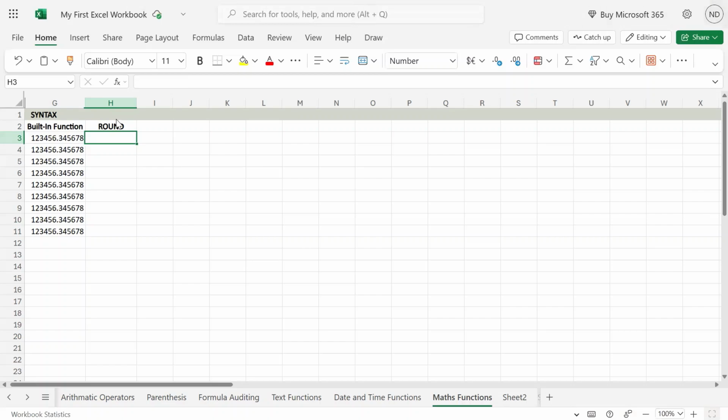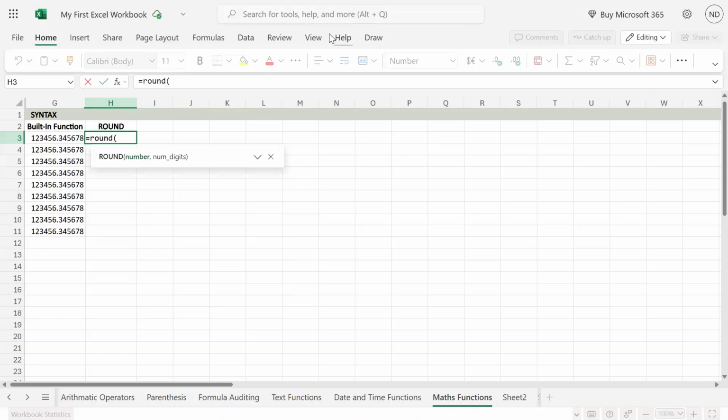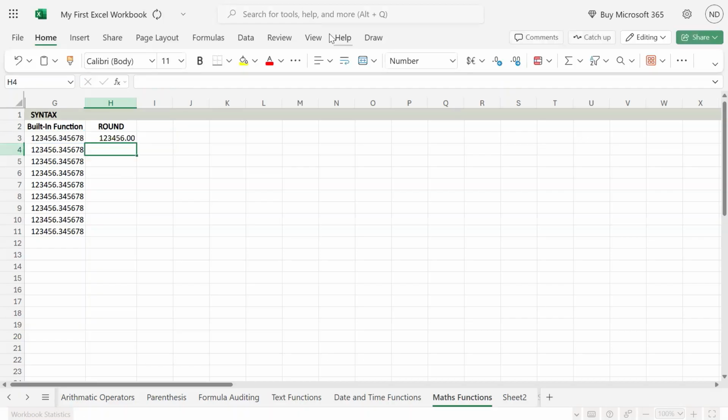So let's make it 0. First, I want a round, and I do not want any decimals. So I'll just select the number that I have, say comma and 0. And it will remove all the decimal places which are there after the point.